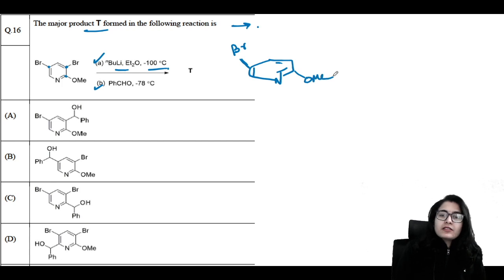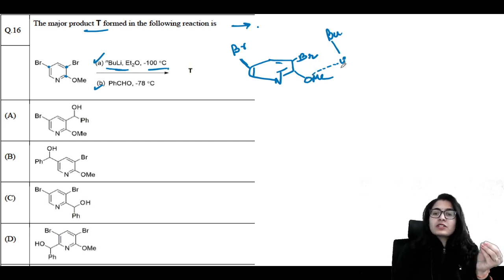Yes. So I would say that when you are having a bromine which is so close to the ortho methoxy, there is butyl lithium. Whenever you have butyl lithium, guys, this reaction is going to be driven by the possibility that you are doing a halogen exchange. No doubt it is not behaving as a base. You are doing a halogen exchange, but that you will do close to the oxygen because oxygen is chelating with lithium over here.